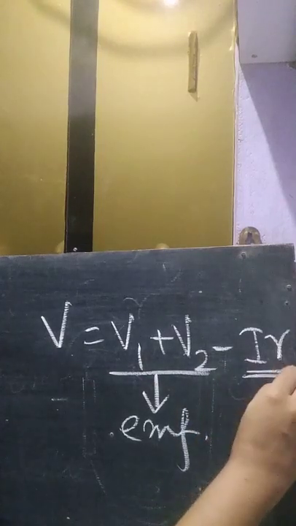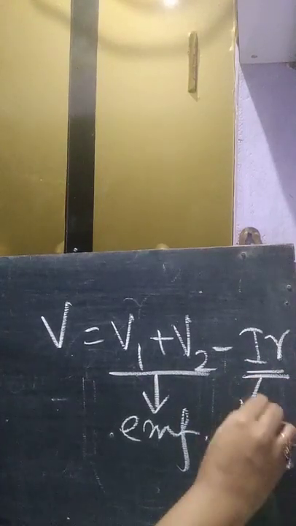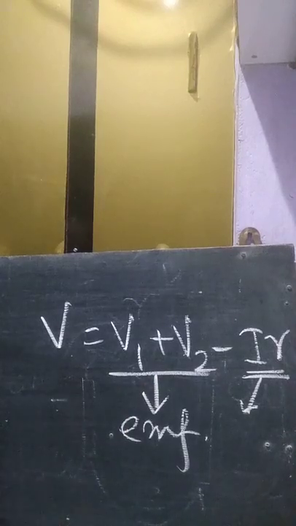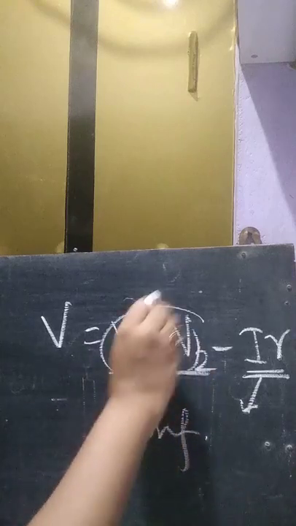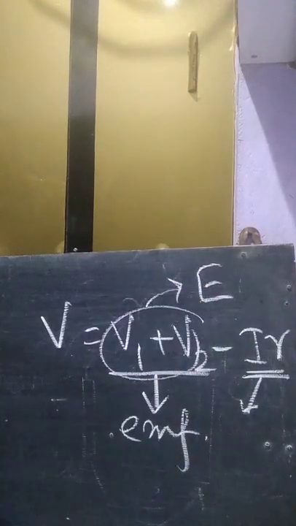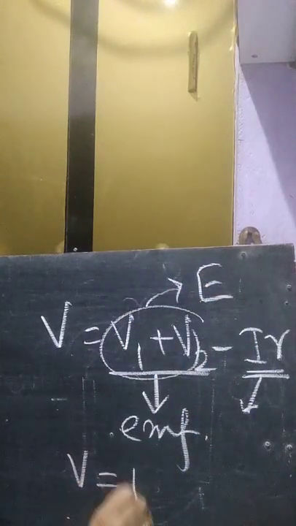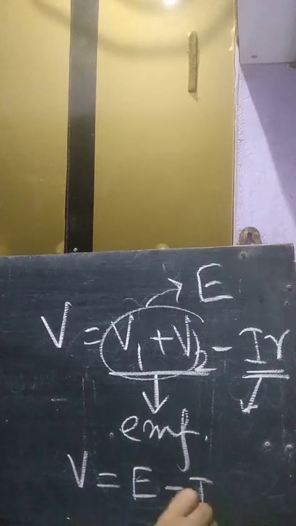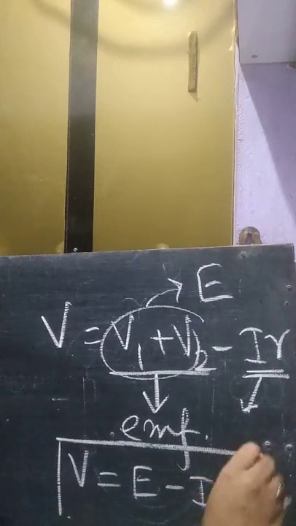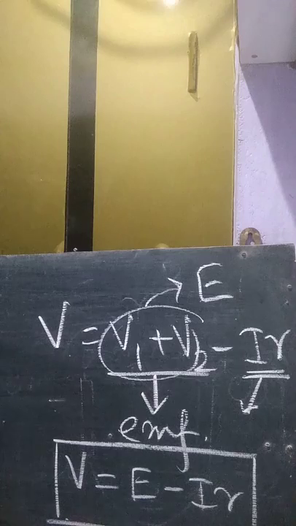And what is IR? IR is basically the potential drop across the internal resistance. So this term I can replace with capital E, and my expression becomes V equals E minus IR. Okay? Clear?